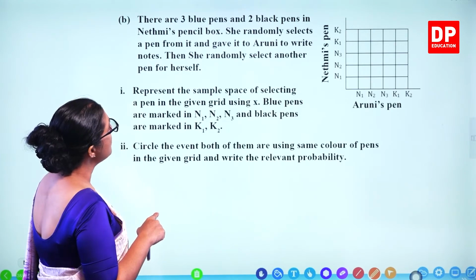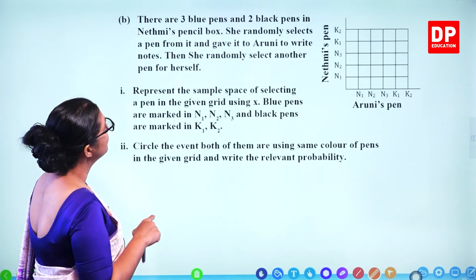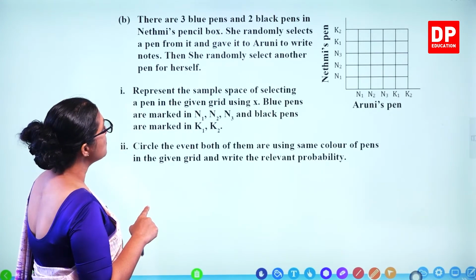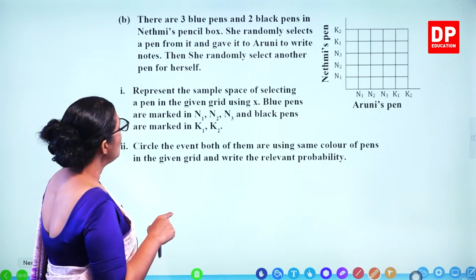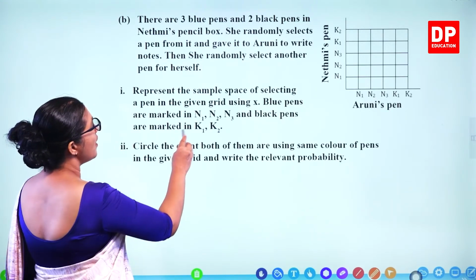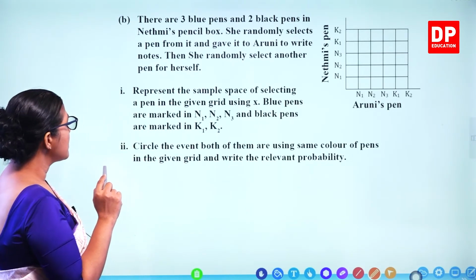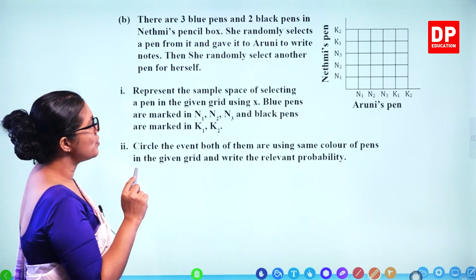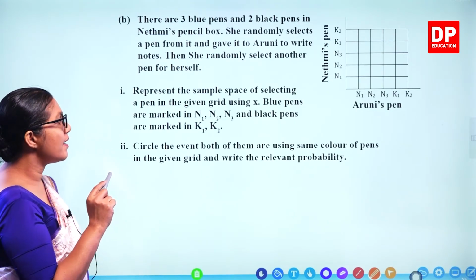Then she randomly selects another pen for herself. Represent the sample space of selecting a pen in the given grid using X. Blue pens are marked N1, N2, N3, and black pens are marked K1, K2. Circle the event both of them are using the same color of pens in the given grid and write the relevant probability.